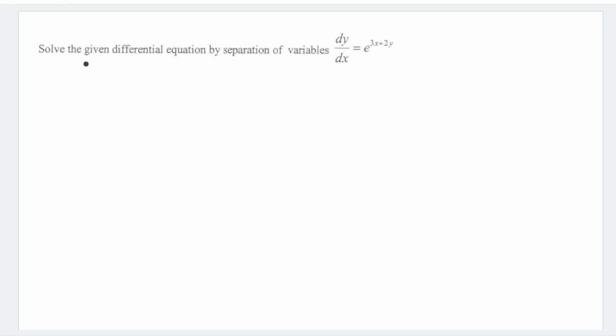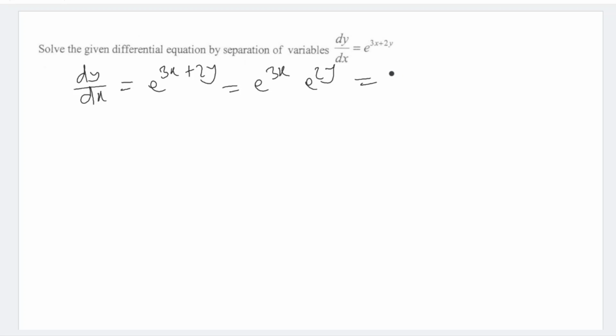In this slide, I'll show you how to apply the separation of variables method. Here the equation is dy/dx equals e power 3x plus 2y. This one we can write as e power 3x times e power 2y.